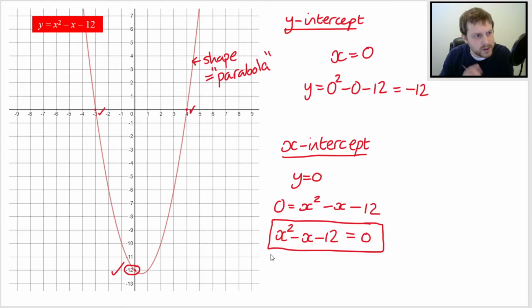So this is the method. This is how you do it. You simply factorize this. And we'll see where something close to minus 3 and 4 come from. So if you factorize this, double bracket. The key step basically is to factorize.